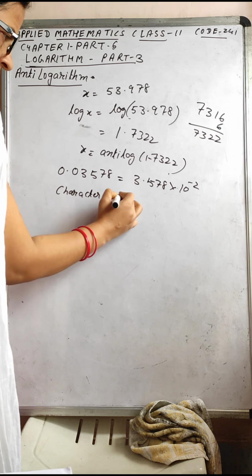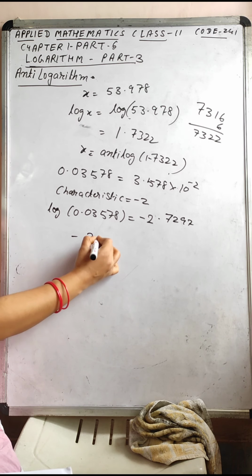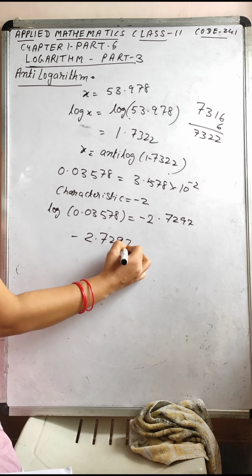And by finding the mantissa, suppose log of 0.03578 is coming as minus 2 characteristic, and the mantissa part is coming as suppose 7297. If I write the number as minus 2.7297, this whole number is negative, meaning minus 2 plus 0.7297 where both are negative.